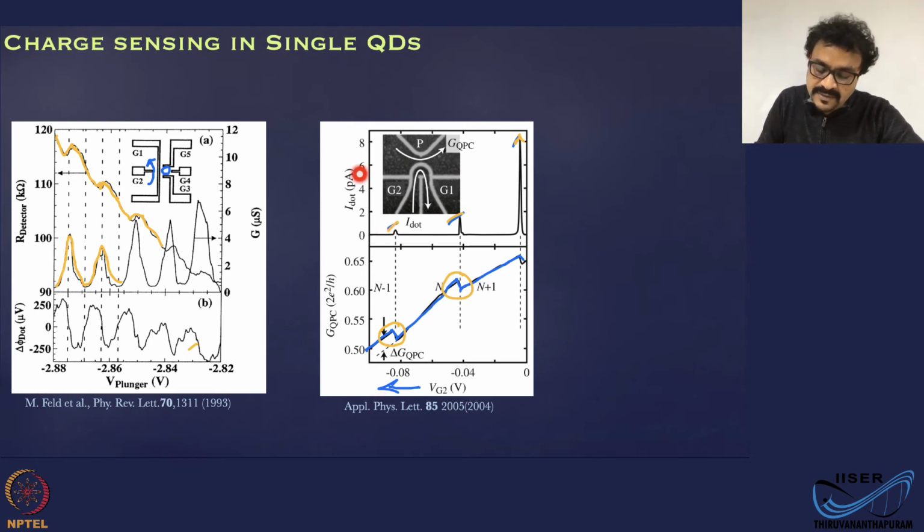This is already in the picoampere scale. Okay, this is like a fraction of a femtoampere now already. But the signal from the quantum point contact which matches with these transitions is unaffected by the decrease in the tunnel rate, and that is the main advantage of using a charge sensor in place of a current sensor.